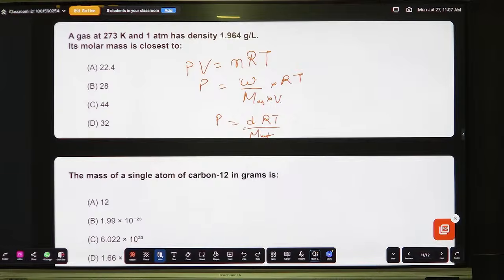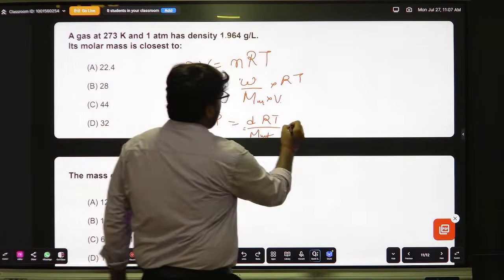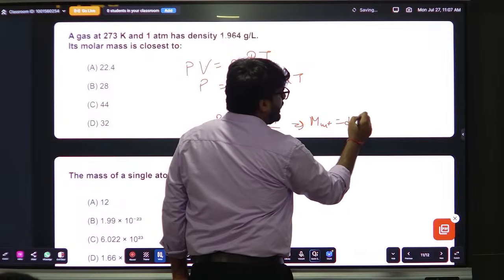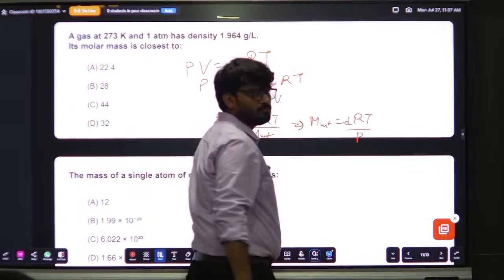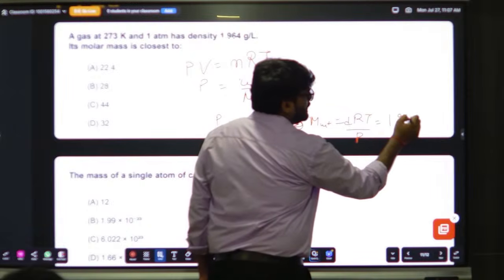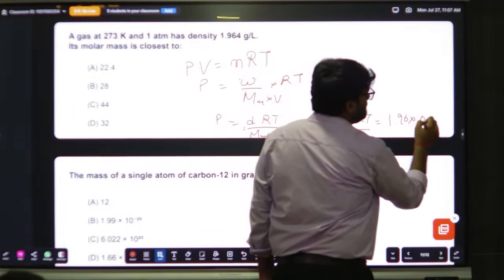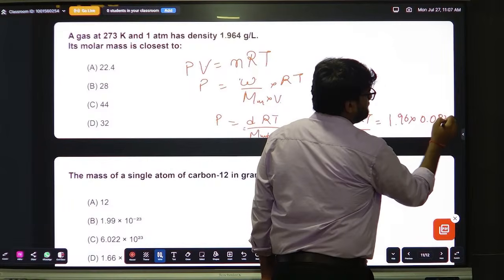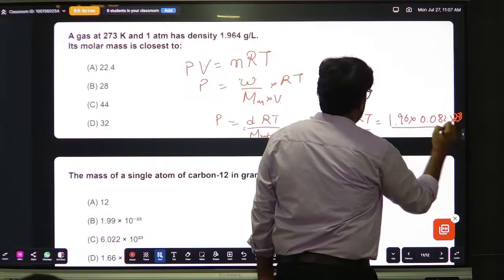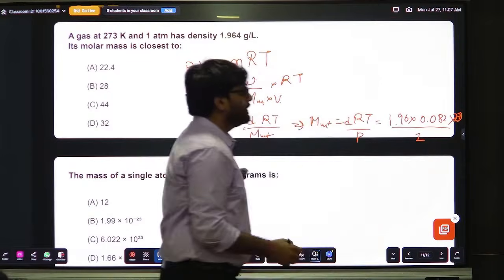Okay, let's see. You want the molecular weight? So molecular weight will be dRT by pressure. What is density? What is R? What is temperature? What is pressure? Multiply it.